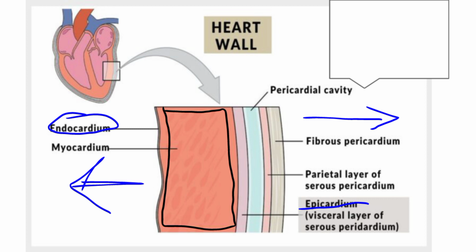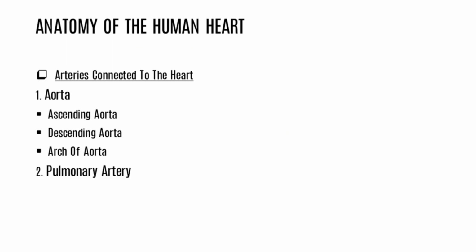Just like you have synovial fluid in the joints, which helps to prevent friction and wear and tear of the joint, in the heart you have the pericardial fluid. It is not stated here, but the pericardial fluid will be found in the pericardial cavity, here. So after the epicardium, you will have the pericardial cavity before you see the fibrous and the parietal layer of the pericardium. Okay, moving on.